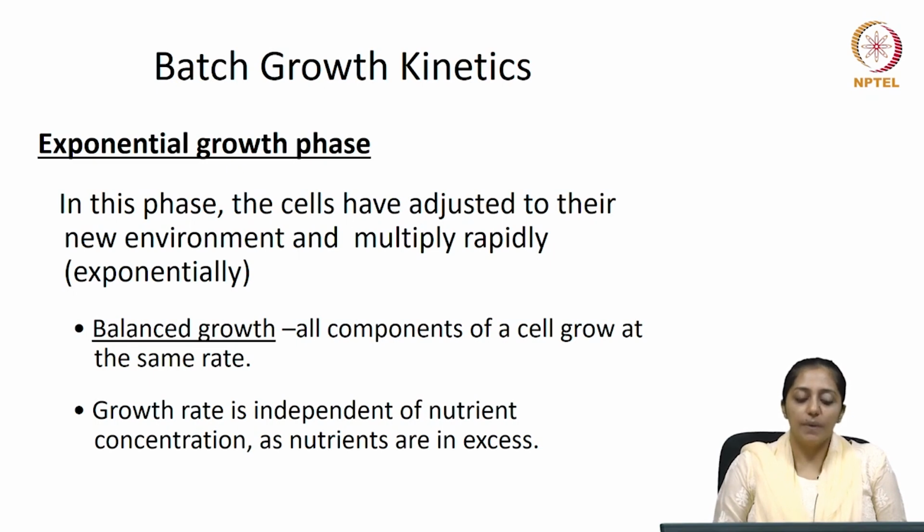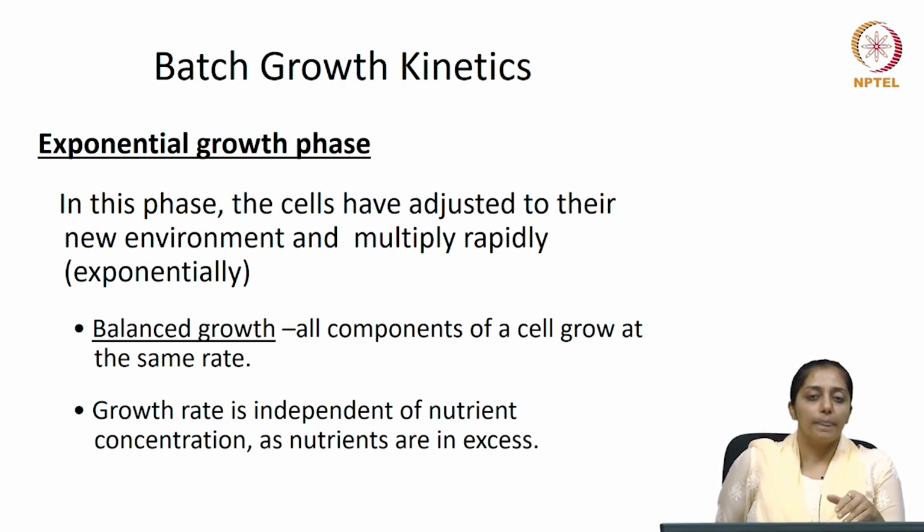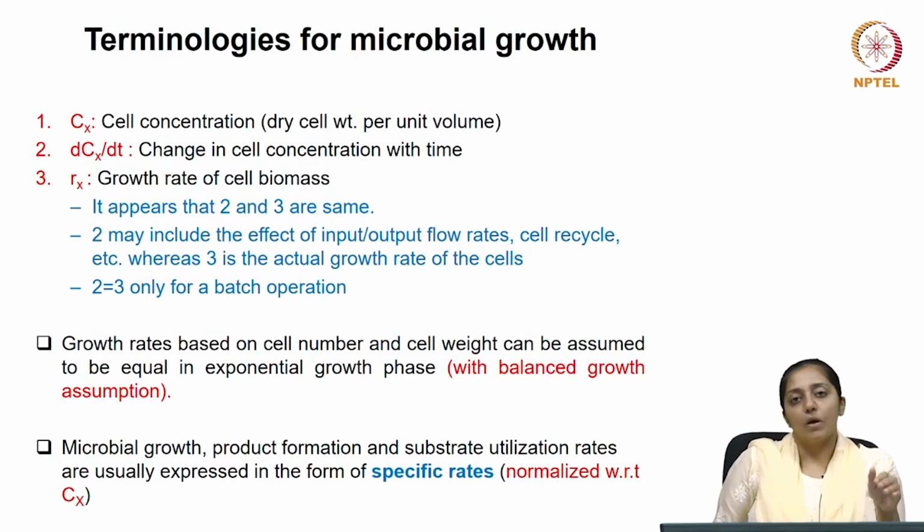And here growth rate is independent of nutrient concentration as nutrients are present in excess, which means the cell is growing at its maximum specific growth rate. Now, as the cell is growing in the exponential phase, the substrate will continue to get depleted.